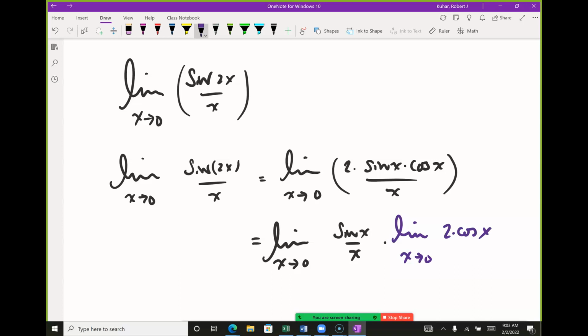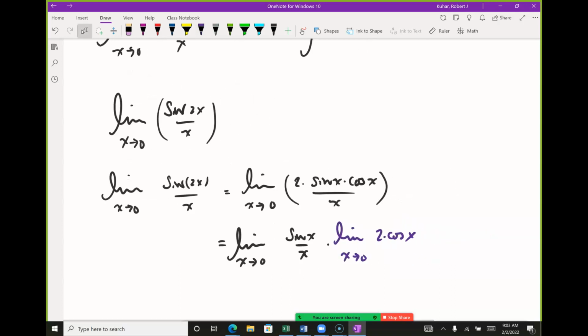The art is splitting them into pieces where you know how to evaluate the limits. You're always looking for this piece.